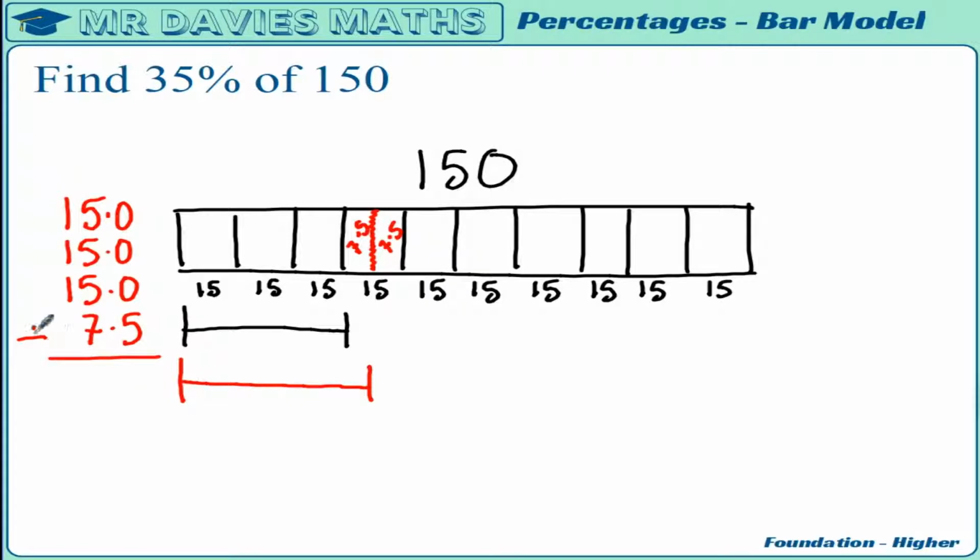And I'm going to add these all together. 0 plus 0 plus 0 plus 5. 5, 10, 15, 22. So 2, and the 2 goes over here. 1, 1, and 1 is 3, 4, 5. And don't forget the decimal point to follow it. So we've got 52.5. So my answer is 52.5. Okay, let's try another one.